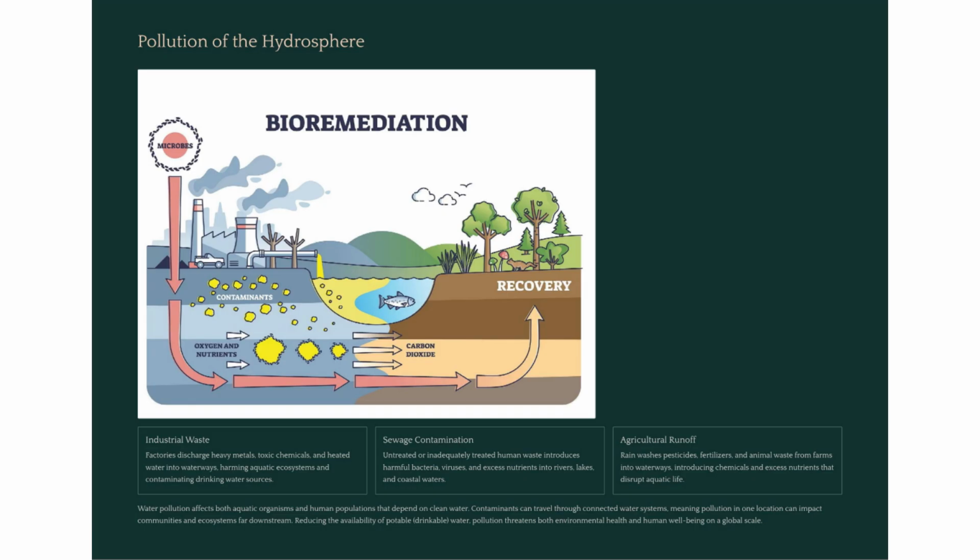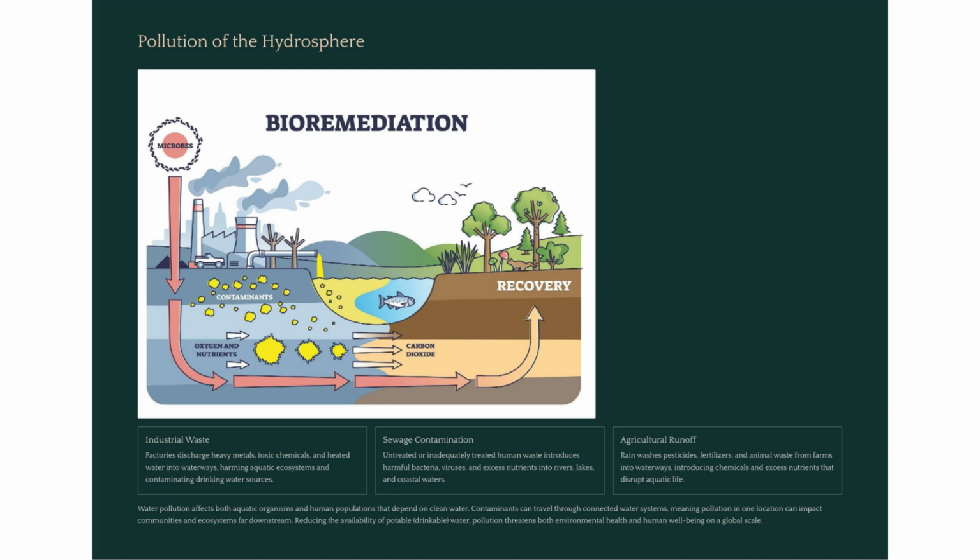Our water systems, the hydrosphere, are also heavily affected. Water pollution comes from many sources. Factories release toxic chemicals, city sewage systems can overflow, and perhaps the largest source is agricultural runoff. This is the water that washes over fields, carrying pesticides, herbicides, and fertilizers into local rivers and lakes.